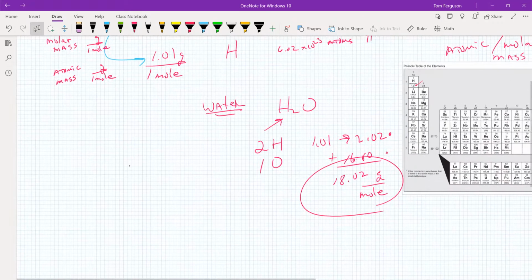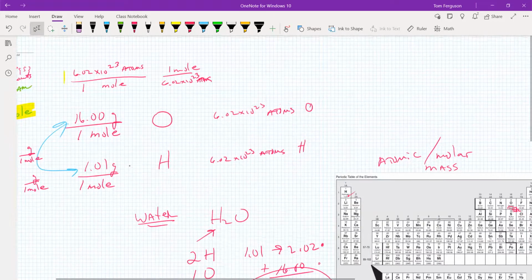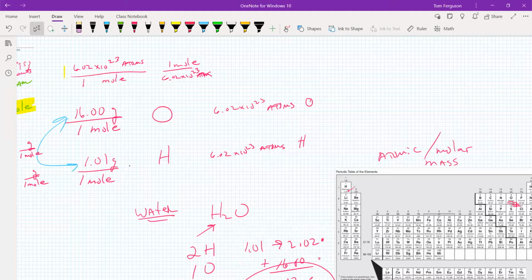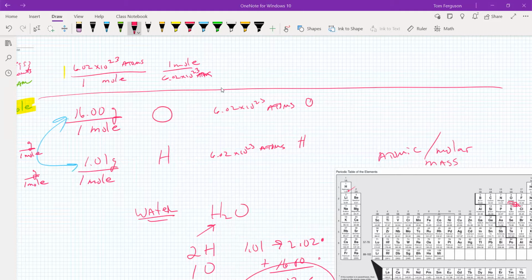Okay. So now we have some more conversion factors here. We have grams per mole. We have moles per gram.